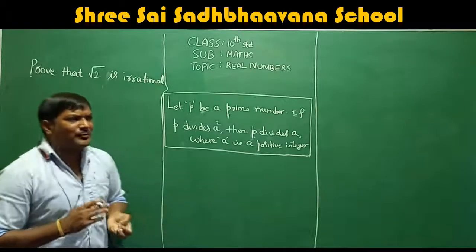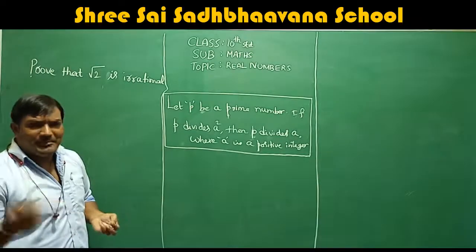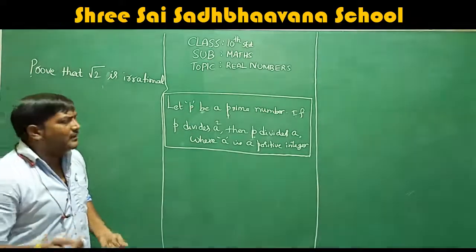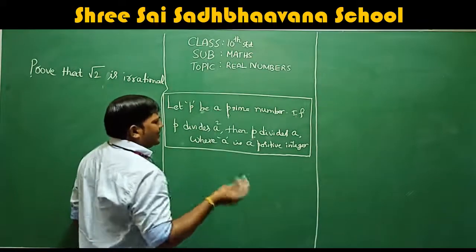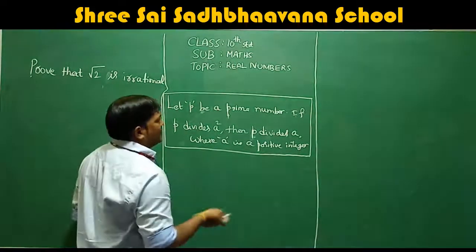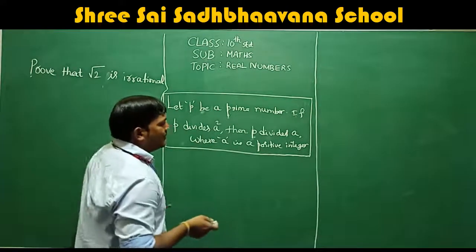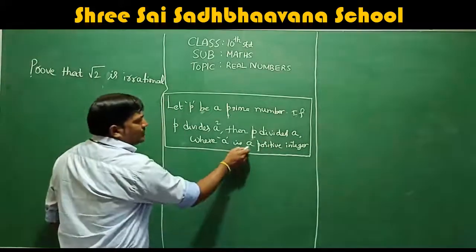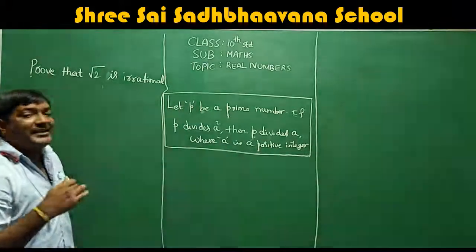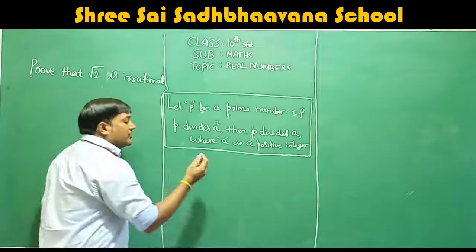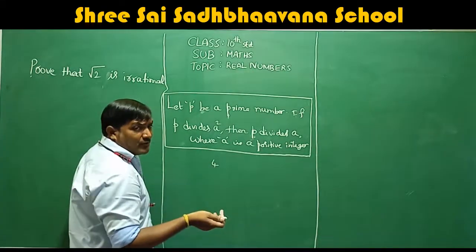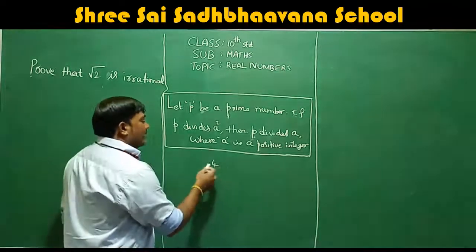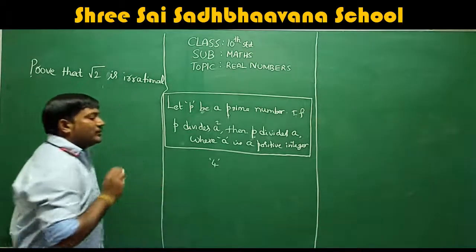See, what basically it says is, any number, it may be a prime number or any number. Let me take p as a prime number here and a as any positive integer. Let me go with a smaller one so that you can easily understand. Let me take 4, which is a positive integer.